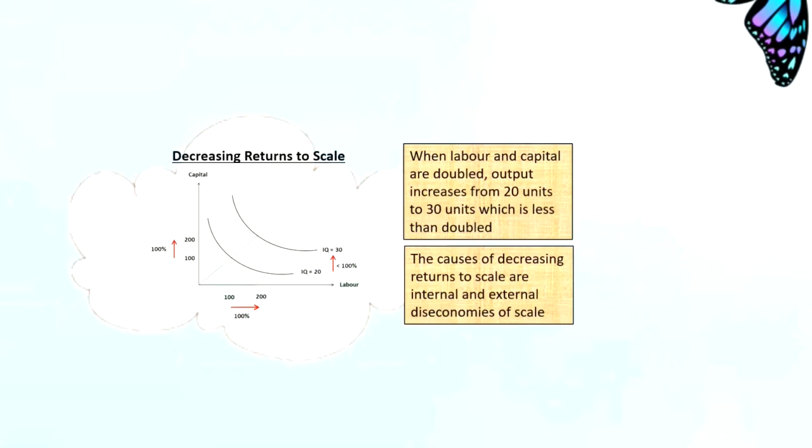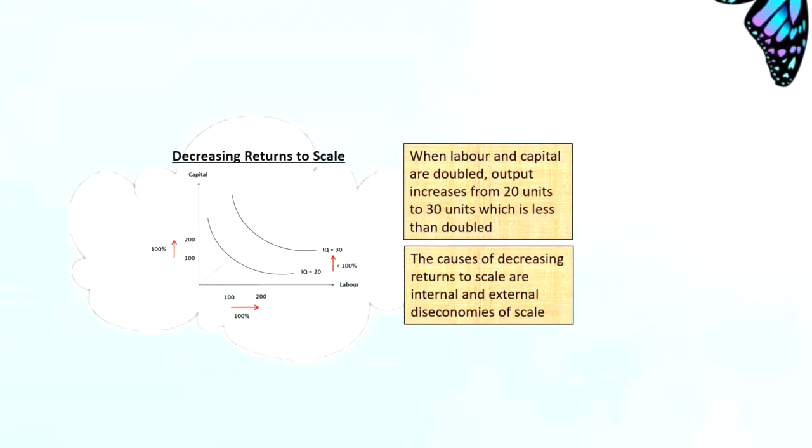As we can see on the graph right now, there are not many differences from the increasing returns to scale. The difference is that with increasing returns to scale, output is more than double, but with decreasing returns to scale, it is less than double.